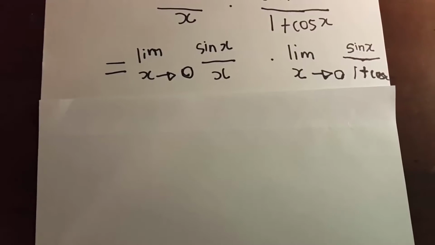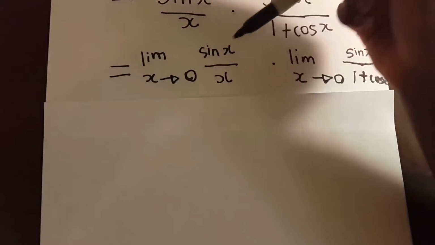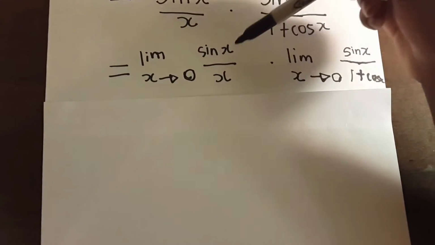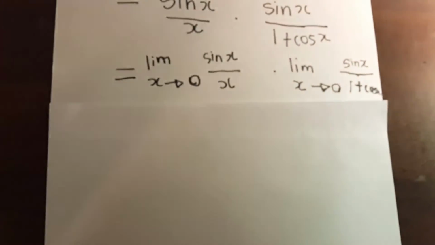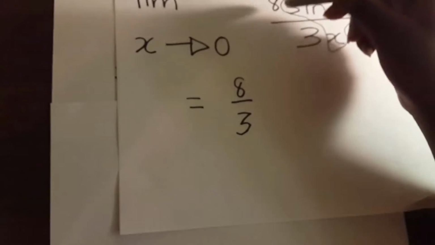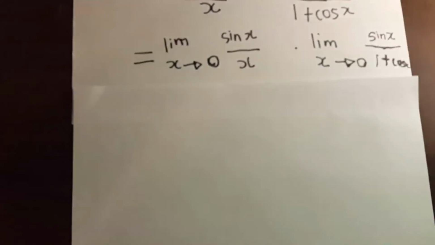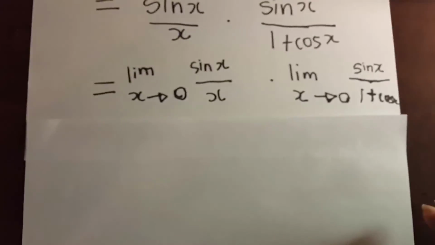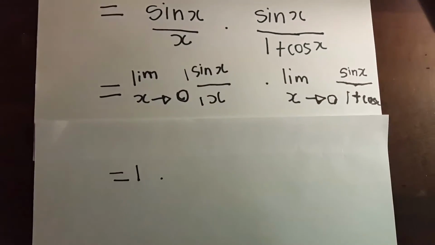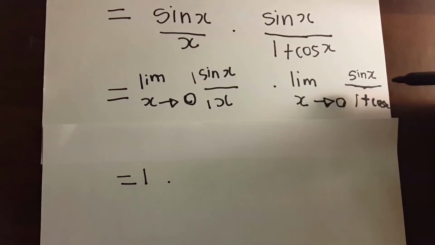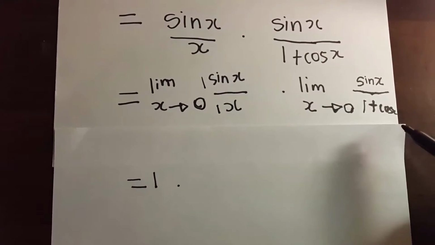Now we're going to continue from where we left off. The limit as x approaches 0 of sine x over x. From our previous example, we had 8 sine x over 3x, and we just took the coefficients of the top and the bottom. So we do that here as well. We have 1 at the top and 1 at the bottom, so this limit is just 1, multiplied by the limit as x approaches 0 of sine x over 1 plus cos x.